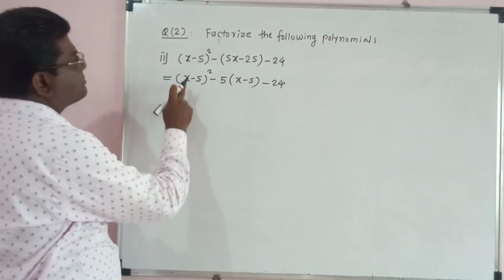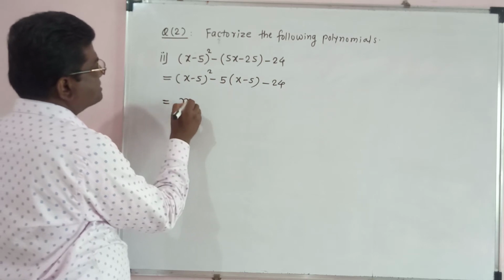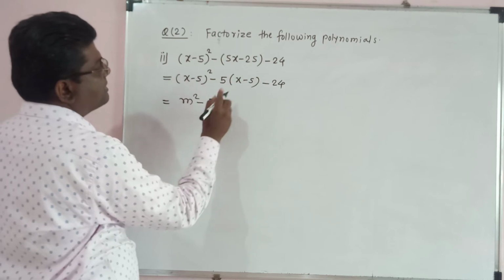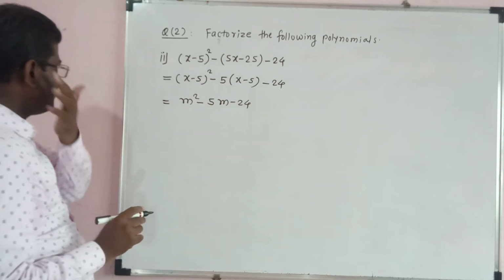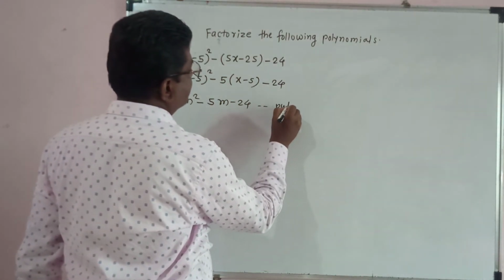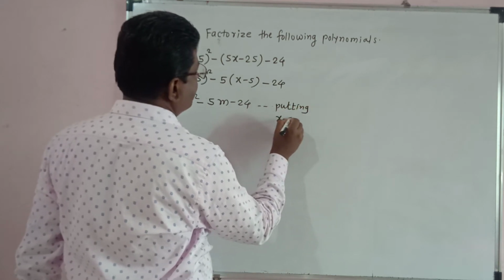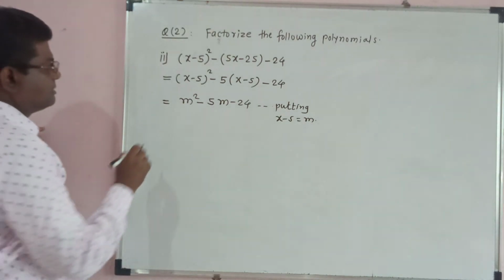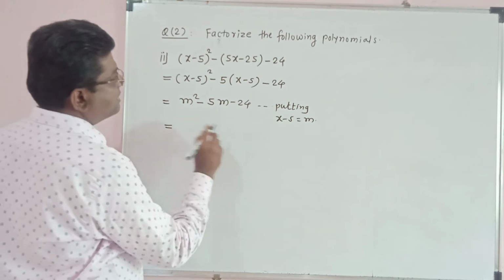Now put x minus 5 is equal to m, therefore it will be m square minus 5m minus 24. Here we write, putting x minus 5 is equal to m. Now let's find the factors of this polynomial.